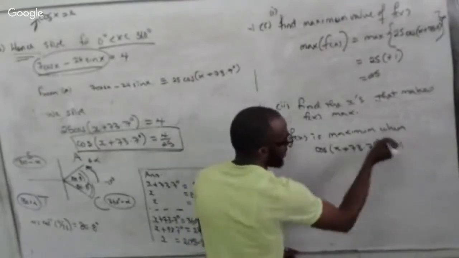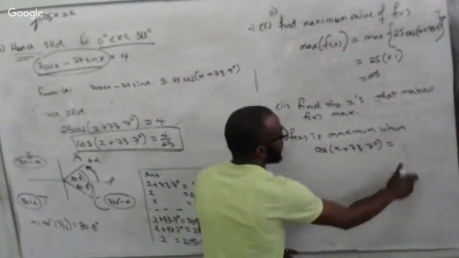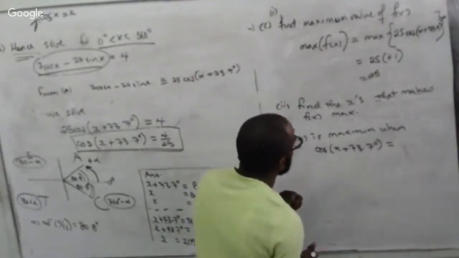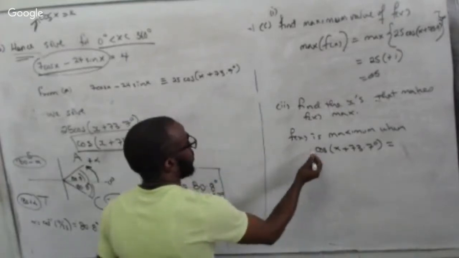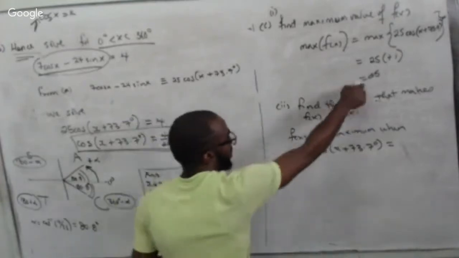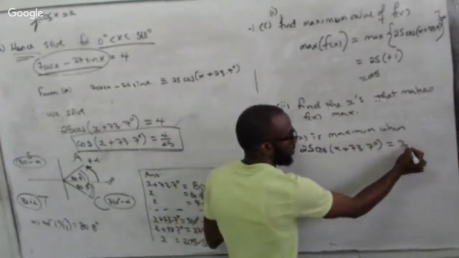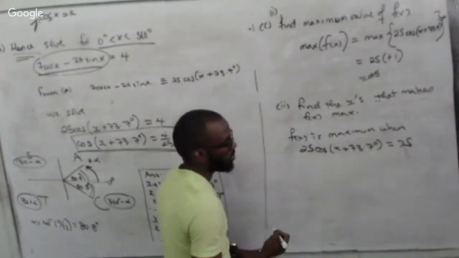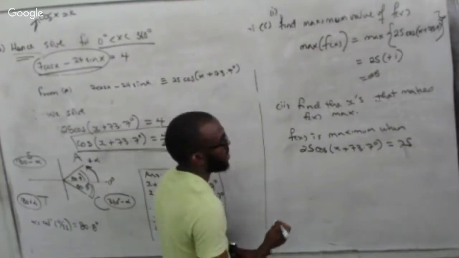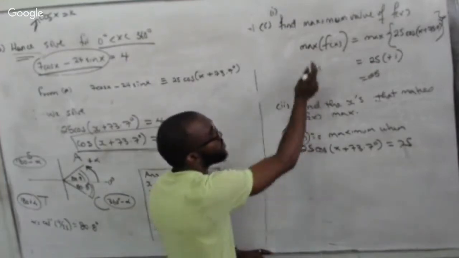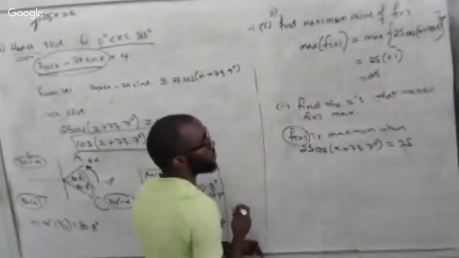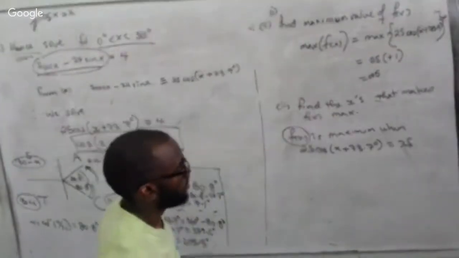I'm going to show you that. I'm going to get back to that same equation. F of x was maximum. What is the maximum value of f of x? 25. But f of x could be written as 25 cosine of that, equal to 25. The maximum value of what is 25? F of x. Okay, yes.